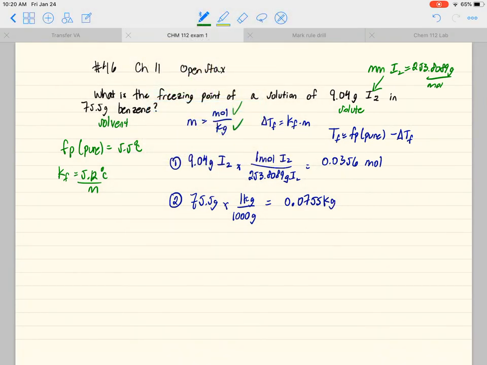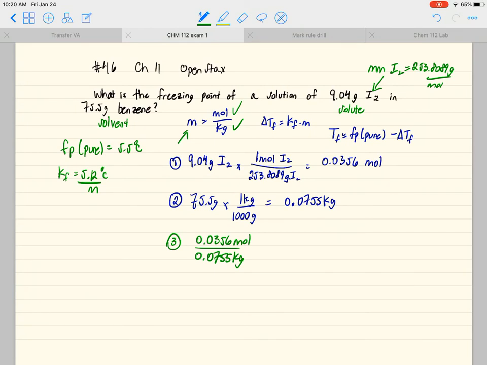Okay, now we can find the molality. So moles divided by kilograms is what we get there.